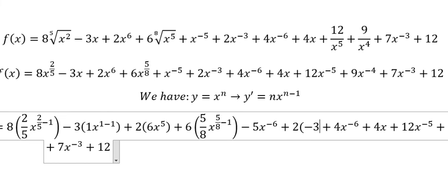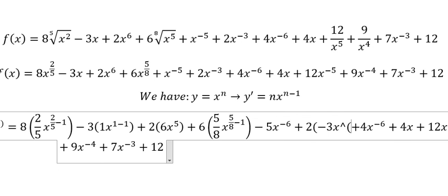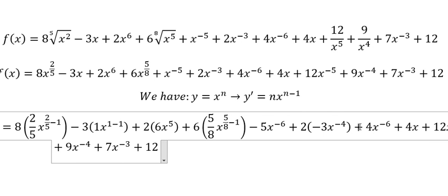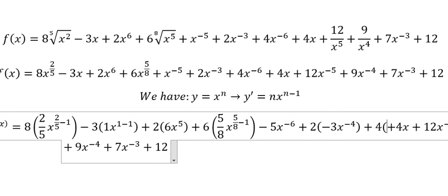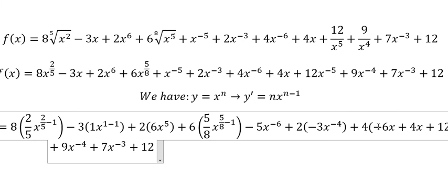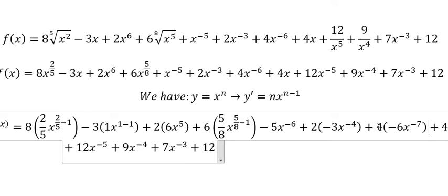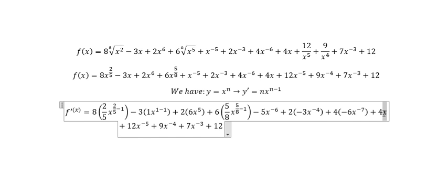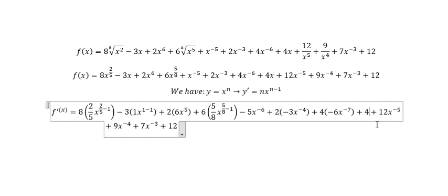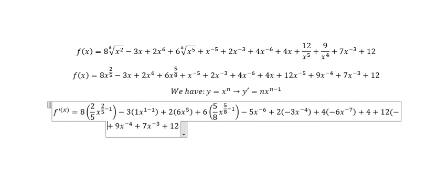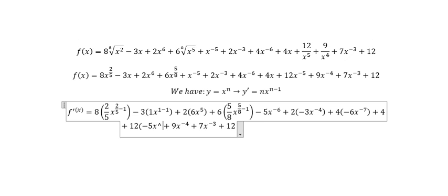This one, negative number 3s to the power of negative number 4. This one, we have negative number 6s to the power of negative number 7. This one, we have number 1. This one, we have negative number 5s to the power of negative number 6.